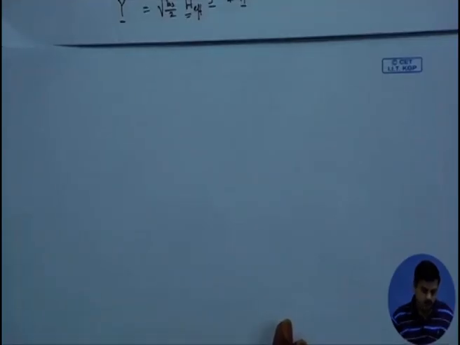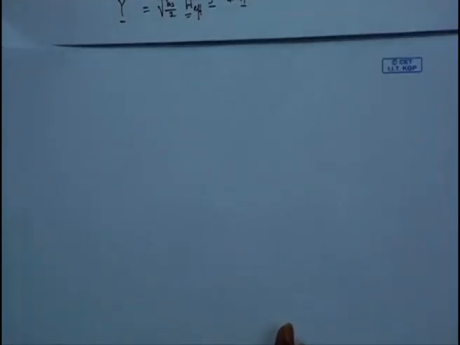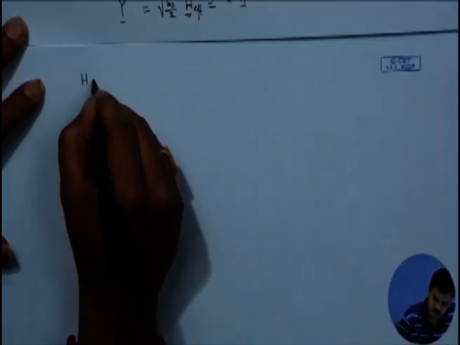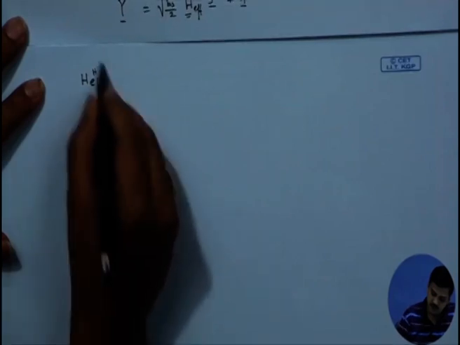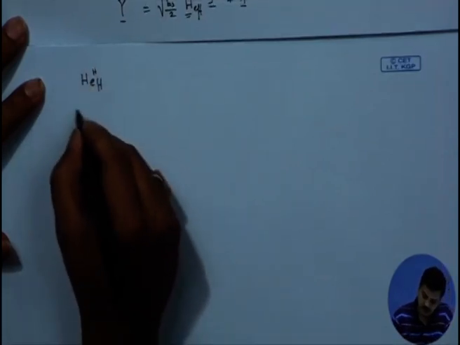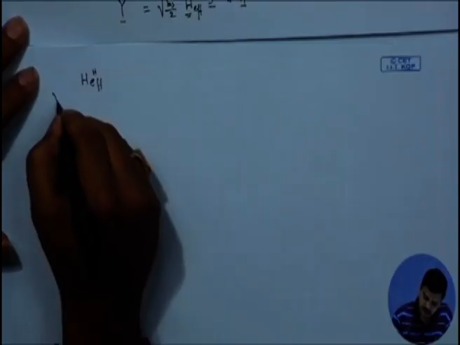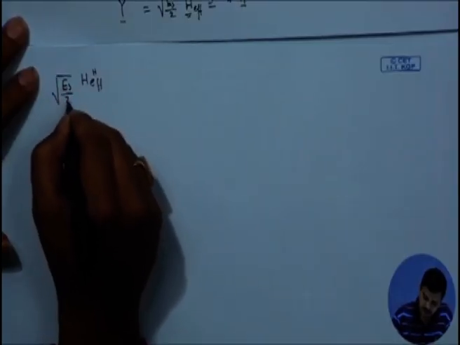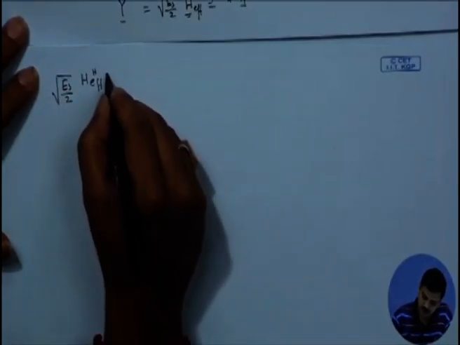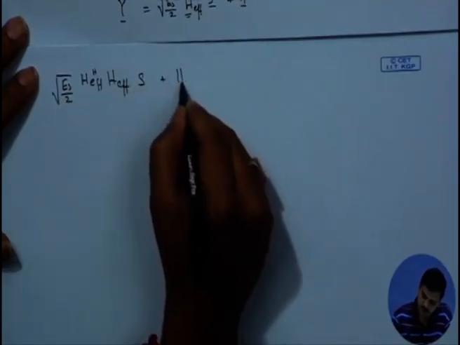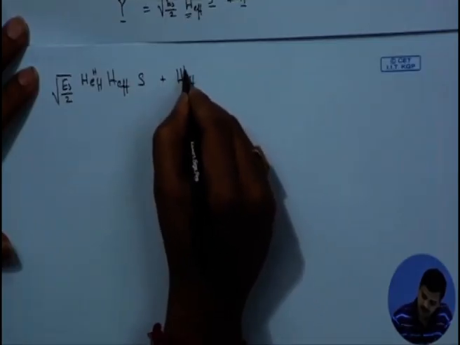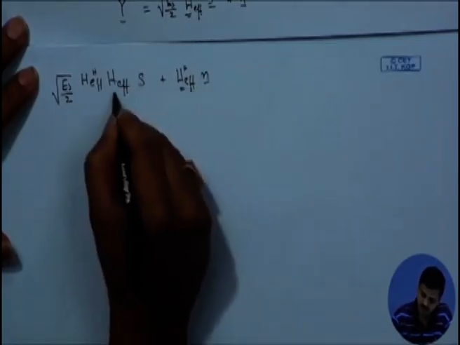Now to get a solution, one of the easiest ways would be to have our equalizer, where the equalizer is h effective Hermitian multiplied by the received signal. So if we multiply this with the received signal, what we would get is root over Es by 2 h effective Hermitian times h effective times s plus h effective Hermitian times noise.